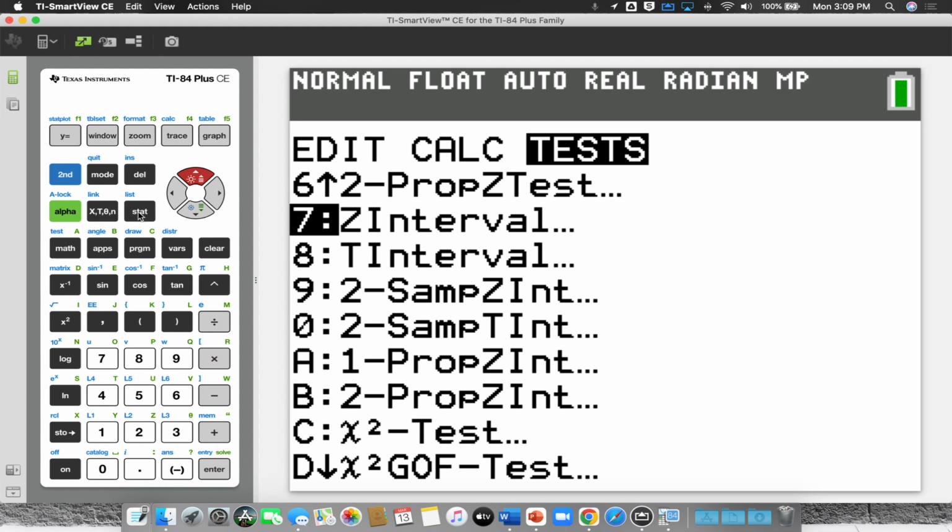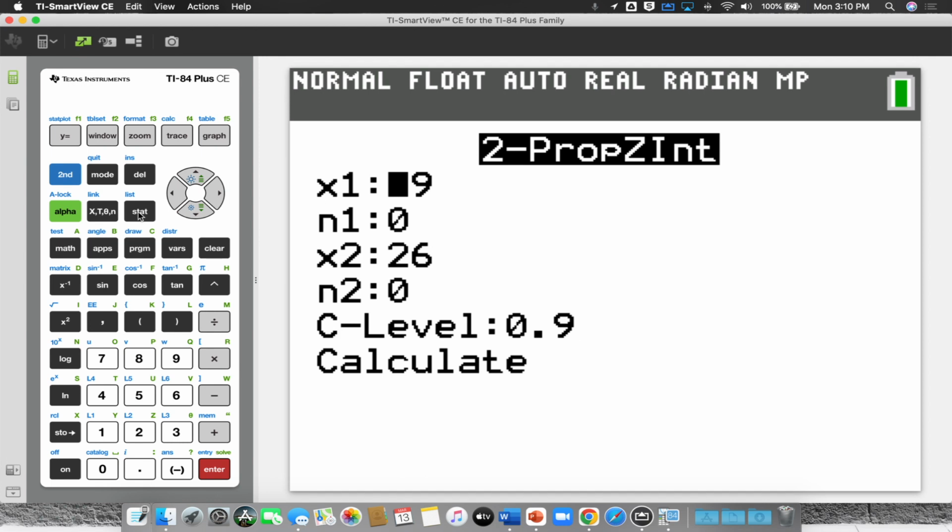So that's either 9 or 0 or B, right? We want letter B, 2 proportion. That's the only one that says proportion. The other ones, 9 and 0, are for when we do means. Okay, so we're going to hit B.